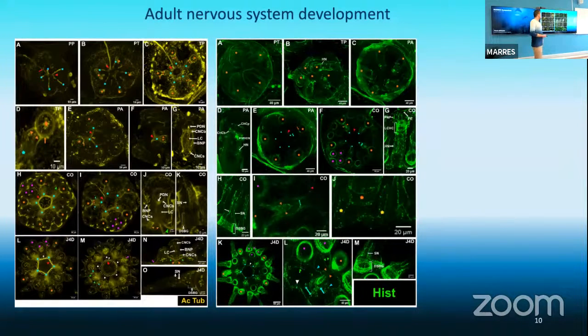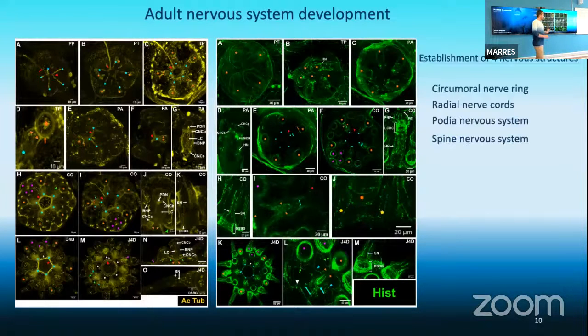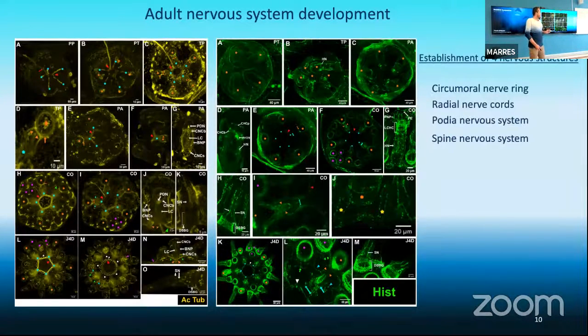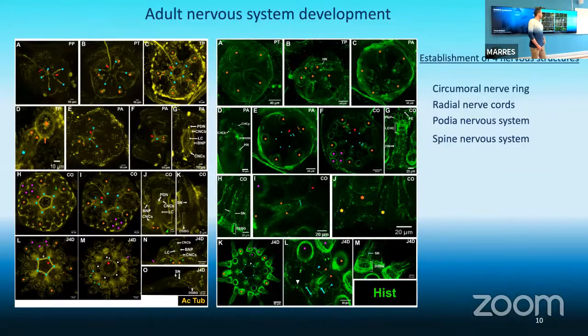So what is the take-home message for this result? This is that we were able to observe the establishment of the four nervous structures that have been previously described in the juvenile neuroanatomy. So the circumoral nerve ring, radial nerve cord, podial nervous system, and the spinal nervous system.